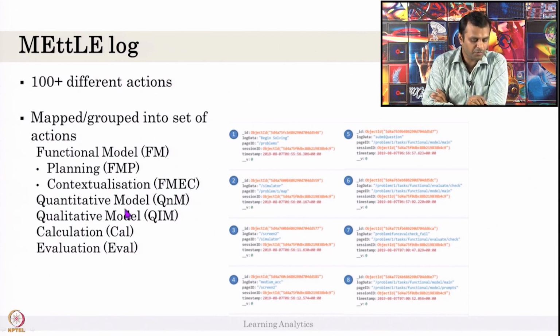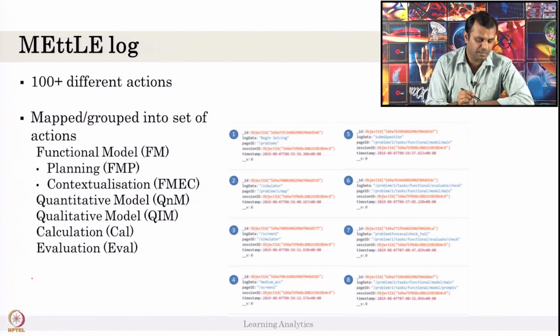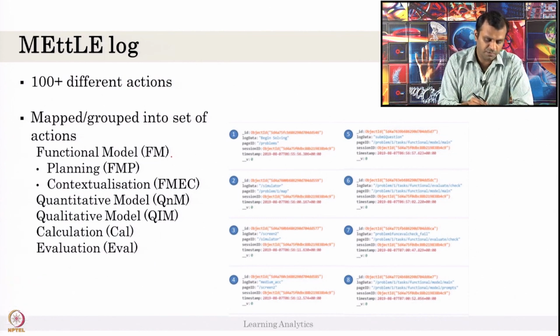Similarly for the quantitative model we name it QMP or QMEC, and for the qualitative model we have planning and contextualization. Calculations we tag as cal, and evaluations we label as eval. It is all just labels, you know. So FM has 3 variables here: FM, FMP, FMEC.